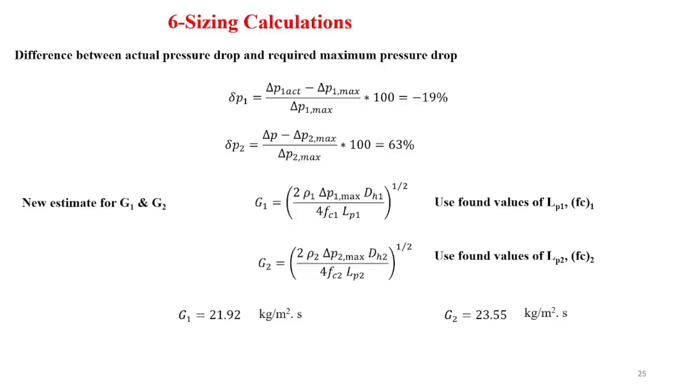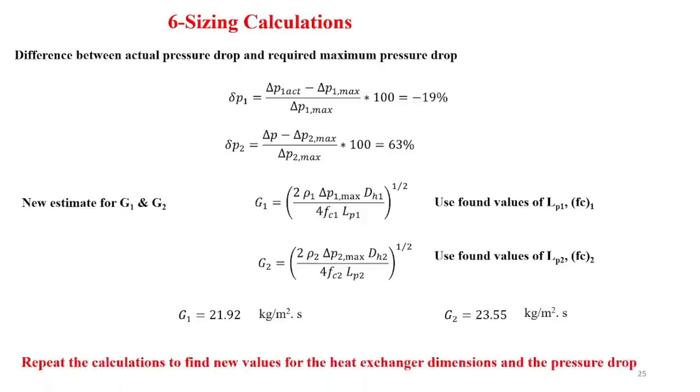Then we have to compare the difference between the actual pressure drop and the maximum pressure drop for each side, and then either finish with the solution, or take another iteration to find new values for G1 and G2.